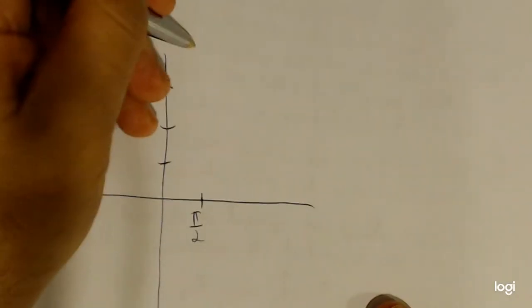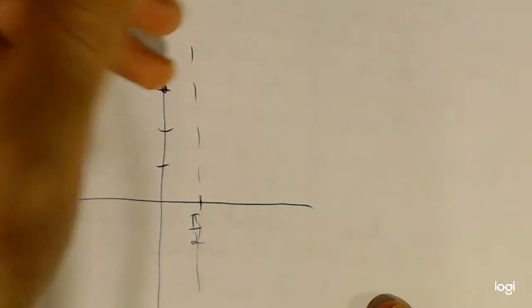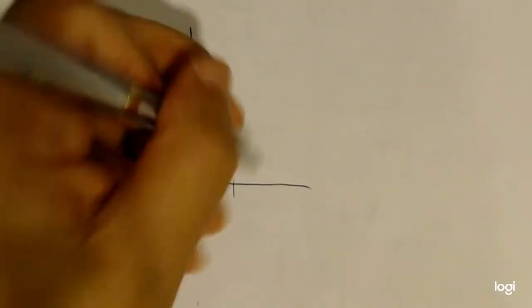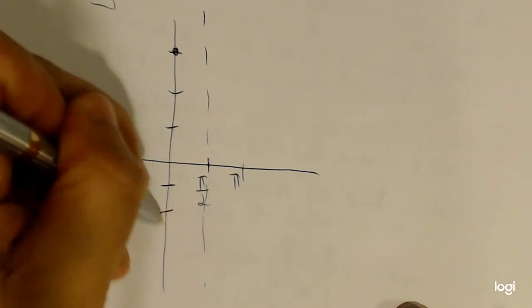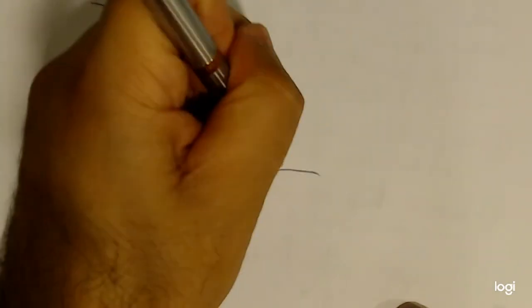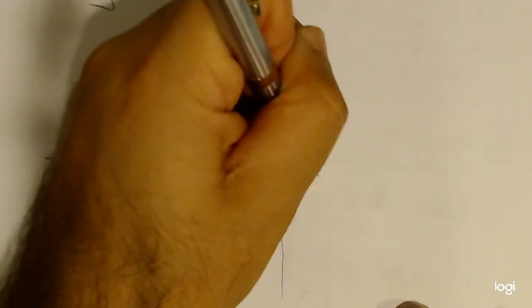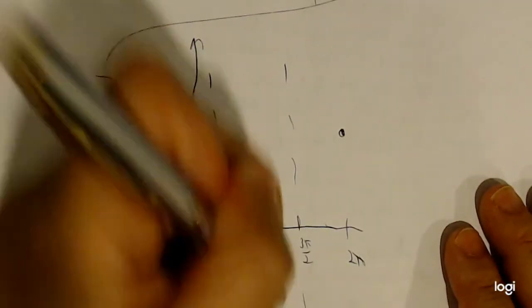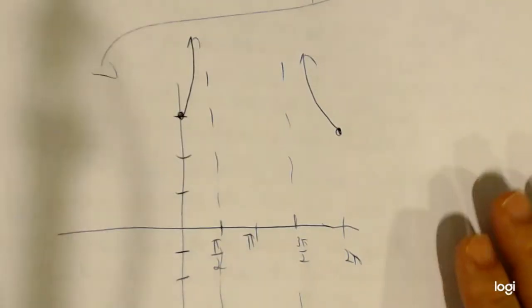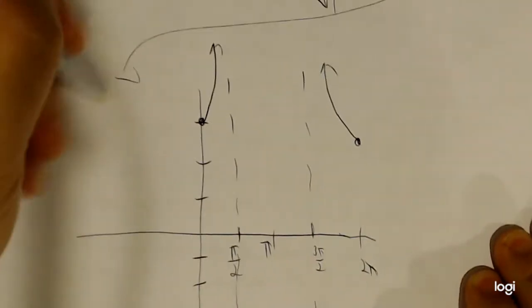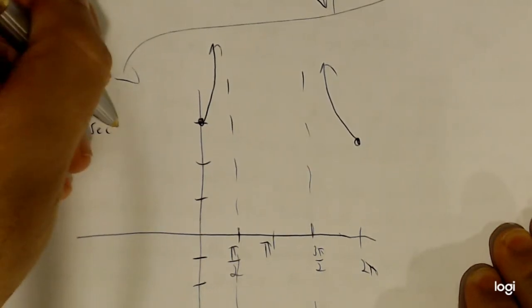At pi it was -1, so if I multiply by 3 now it'll be -3. At 3 pi over 2 we had a vertical asymptote, and at 2 pi it was also 3. Okay, and if you remember now it opens upward, downward, to the left. So this one is the 3 secant of t.